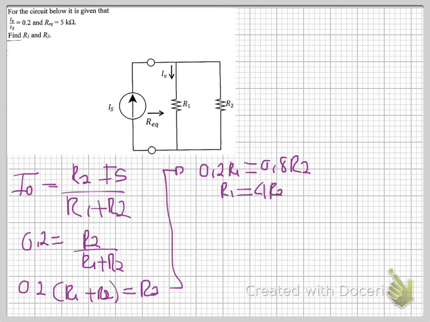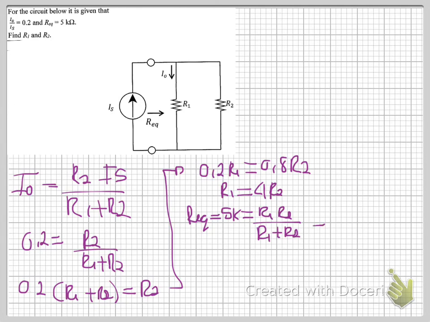And from our equation of two resistors in parallel, R equivalent, which is equal to 5K, is equal to R1 R2 over R1 plus R2.